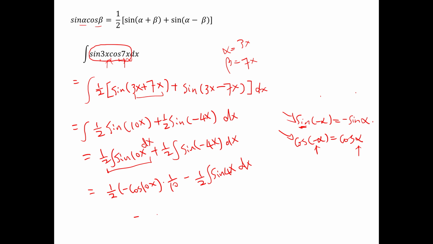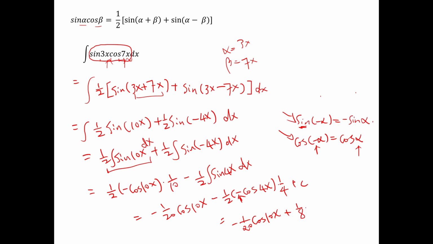Negative 1/20 cosine 10x minus 1/2 times negative cosine 4x by 1/4 plus c. Okay, so negative 1/20 cosine 10x plus here negative sign, right? 1/8 cosine 4x plus c. Okay, this is the answer.